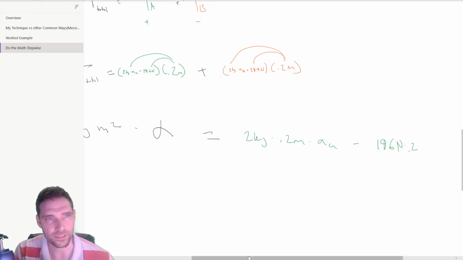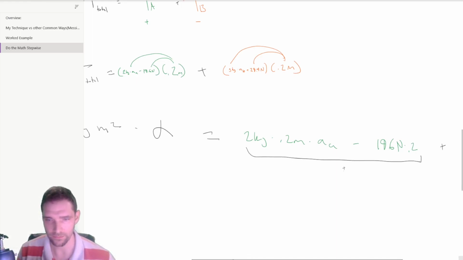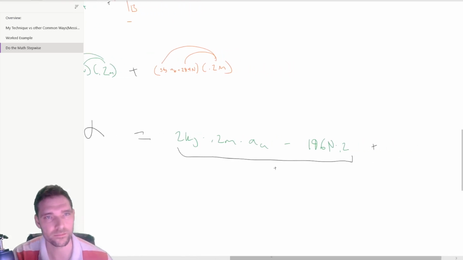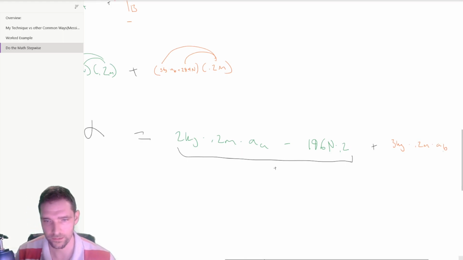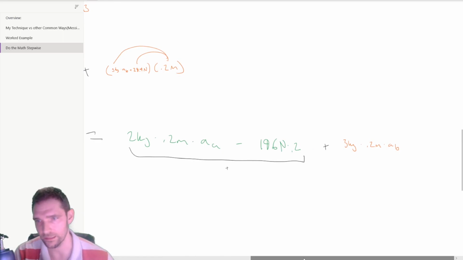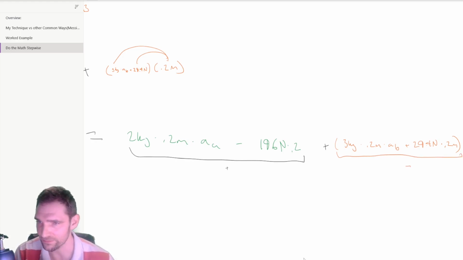And that's going to be that first part, and we should be able to say that would work out to being a positive value. And then we're going to do the second piece: 3 kilograms times the 0.2 meters times acceleration of B. That's all that first part, and then plus the 29.4 newtons times 0.2 meters. That whole thing should have a negative value.